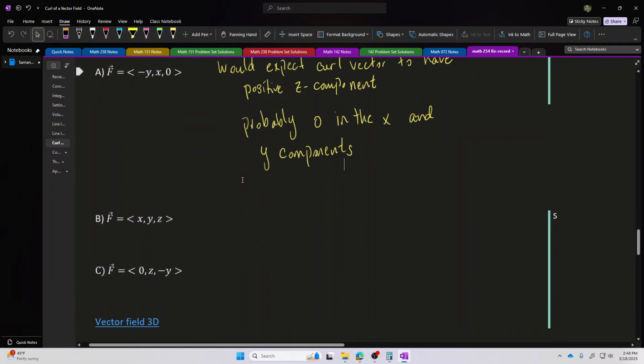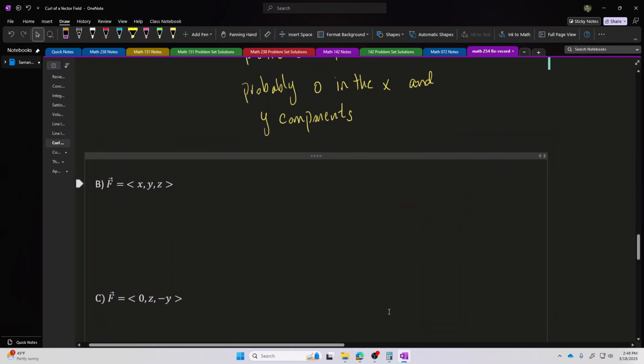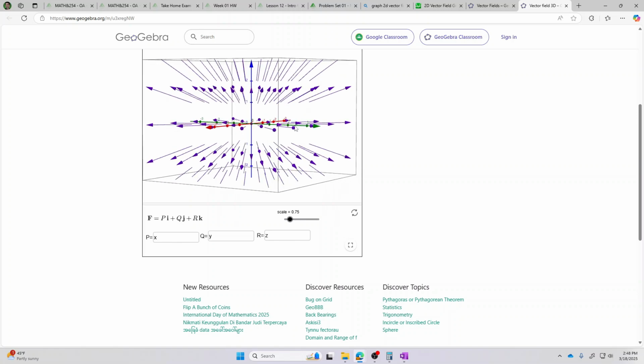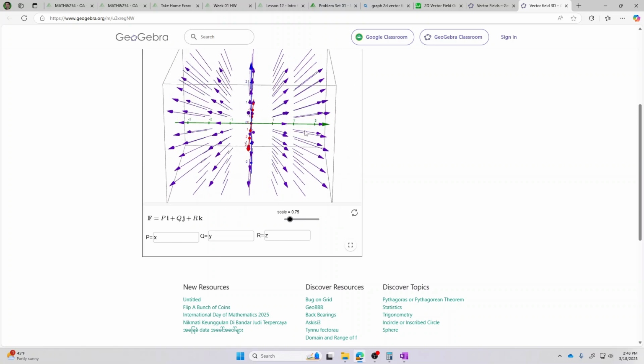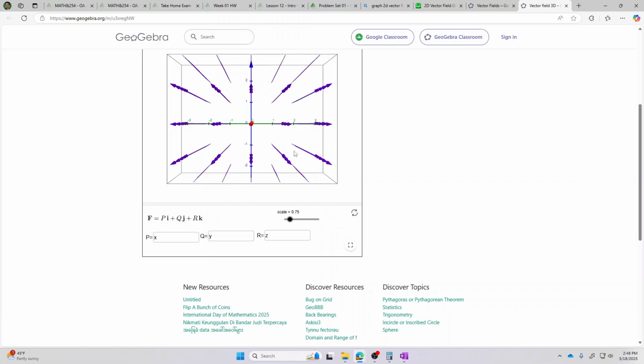Let's try this three-dimensional vector field xyz, and let's see what happens. If I start by looking down the length of the positive x-axis, I can see no swirling or curling motion at all, right? I'm seeing the vectors flowing away from the origin, but I'm not seeing any swirling, either counterclockwise or clockwise.